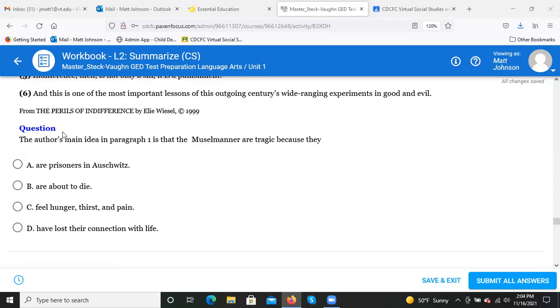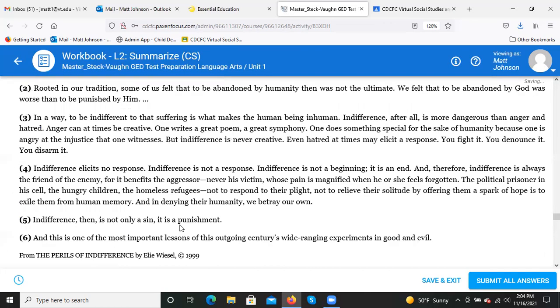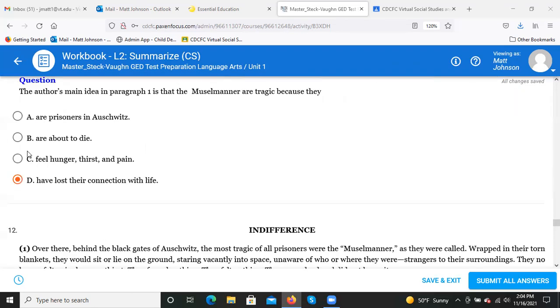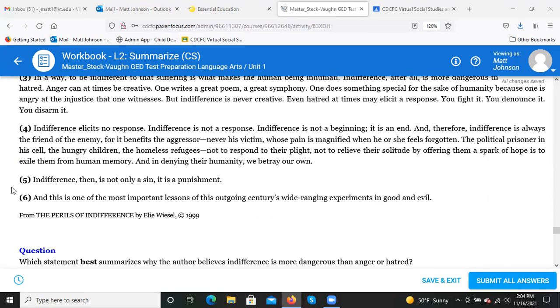D, as in dog. They've lost their connection with life. Right, last few sentences here. They feared nothing, they felt nothing, they were dead, did not know it. They no longer felt pain, hunger, or thirst. D, okay.